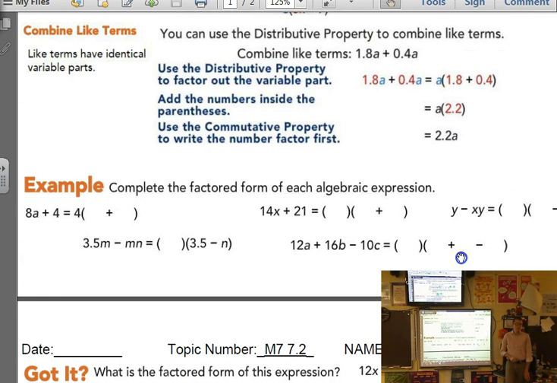Like terms. You should know this from 6th grade. What does it take to be a like term? If you don't know this, it's not your fault, but you should know this. So those are two different things. Equivalent means they're exactly the same, like a square is a square. It'd have to be the same size, same everything.